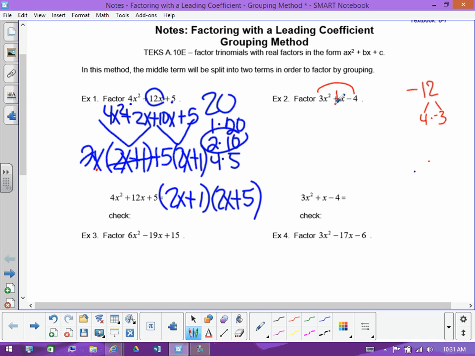So I want this set. I know I have other choices, but this is the one I want because 4x plus negative 3x gives me that one. So once you know your factors, everybody rewrite it. 3x squared plus 4x plus negative 3x minus 4.